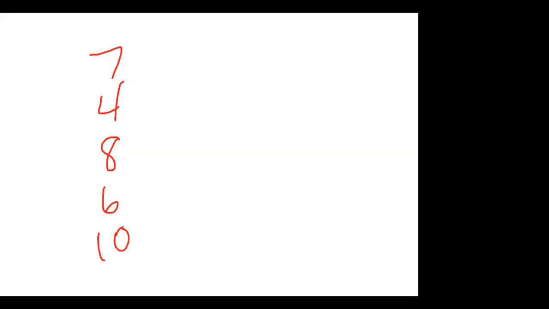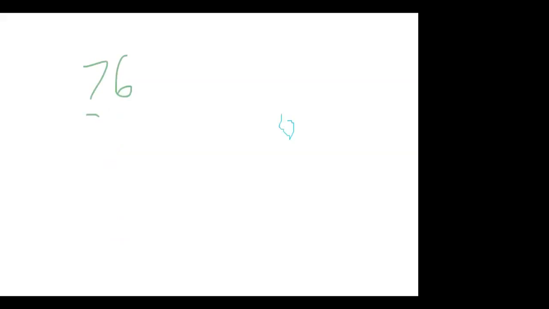Let me show you something. This is how it works sometimes. Let me change colors here. So we'll do Nathan's grades. Nathan gets a 76, then an 80, then an 85. He's getting better, but he goes back down to a 75.